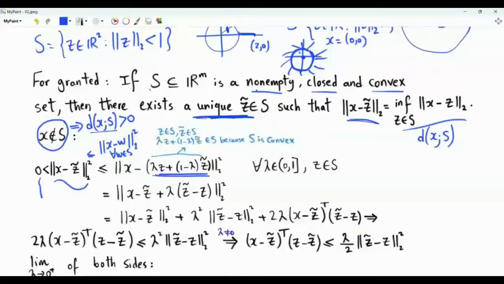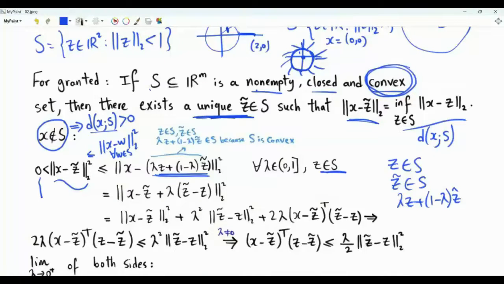Is this a point in the set S? Yes, because z is a point in S, z tilde is a point in S, and S is a convex set. If there are two points in S, then a convex combination lambda z plus (1 minus lambda) z tilde, where lambda is between 0 and 1, is also in S.